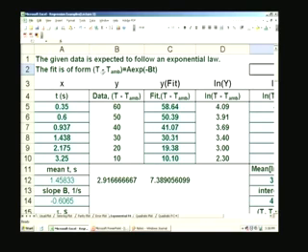The example is stated by giving the values of the time and the corresponding temperature, which is measured in a certain transient experiment. So, the time is given as t in seconds.